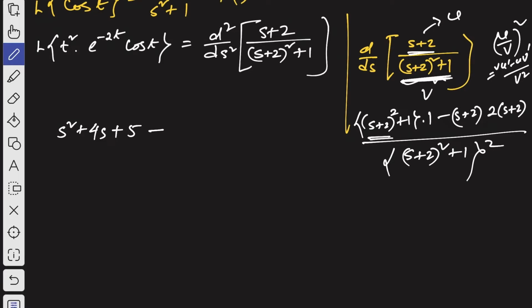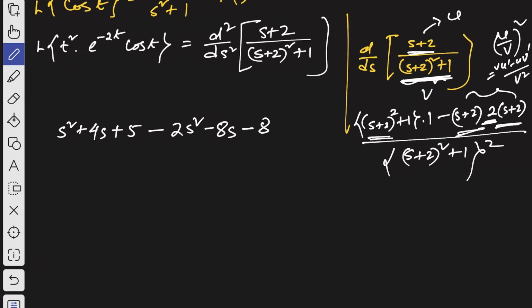Okay, minus, then again (s plus 2) into (s plus 2), then we have a 2 here. After multiplication, you will get twice s square, minus 8s, then minus 8.